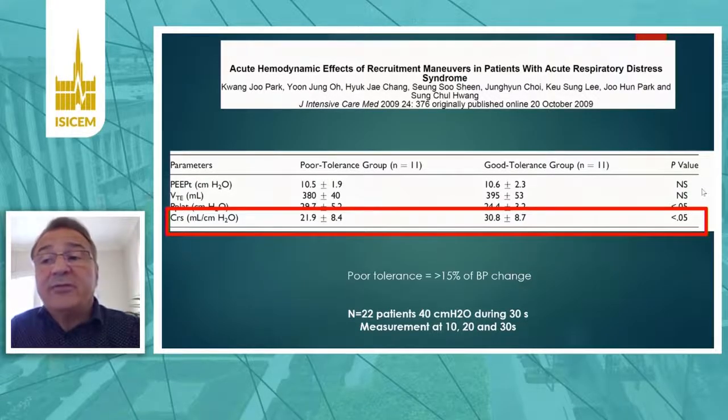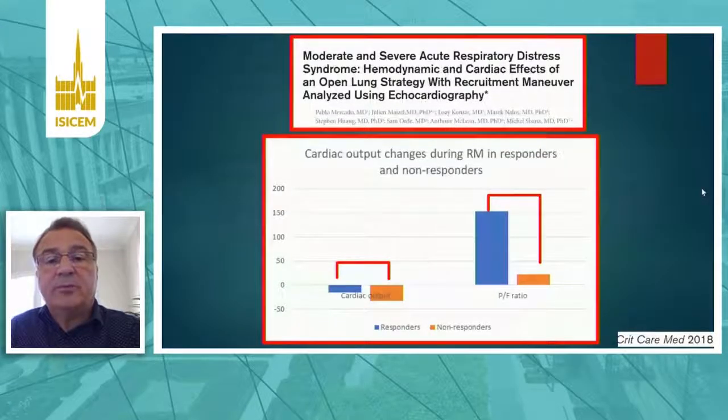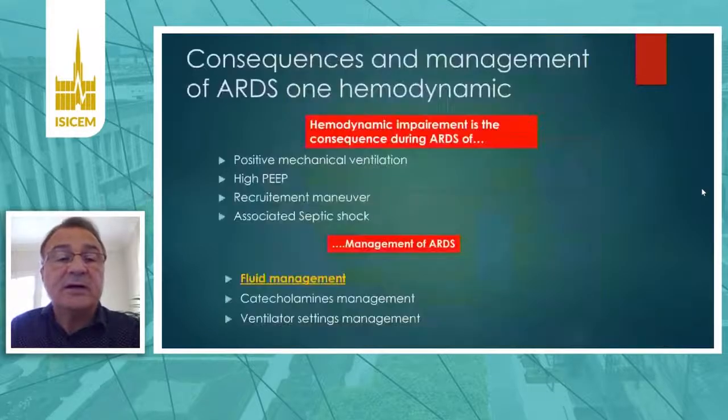And we got exactly the same problem, as you can see here: when the patients are responders to the recruitment maneuver, the PaO2/FiO2 ratio increases dramatically, but the cardiac output does not change. In contrast, with the non-responder patients, the recruitment maneuver induced a dramatic decrease of the cardiac output.